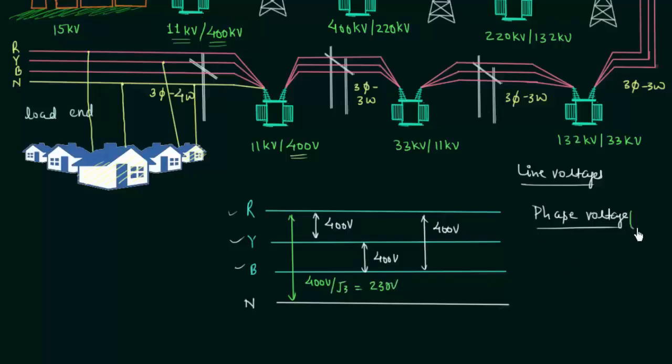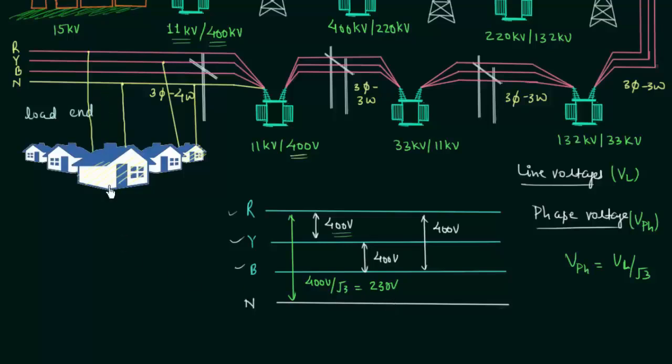Because phase voltage, let's call it VPH, and line voltage VL have the relation VPH equal to VL by √3. VL is equal to 400, so VPH will be 400 over √3, which is equal to 230 volt.